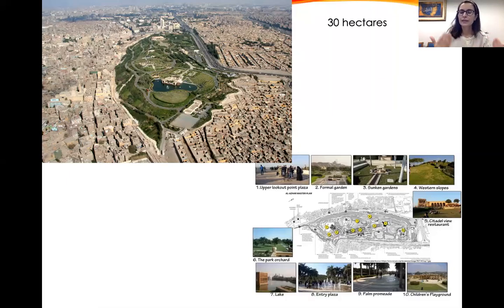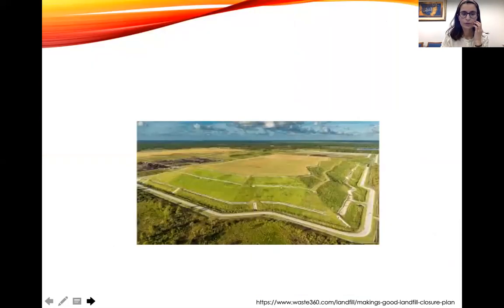Eventually, they were able to rehabilitate the land and convert it into what you're seeing on the slide. But ideally, when you have these engineered systems, when you are properly taking care of waste, when it's eventually filled, because you're compacting it all the time and it runs out of space, then ideally this is what a filled landfill should look like.